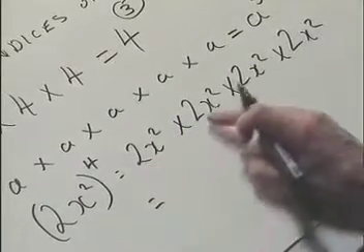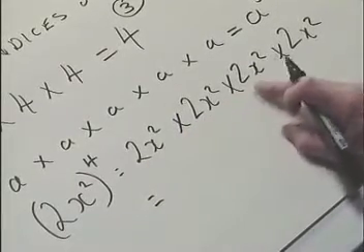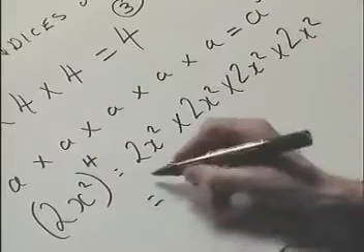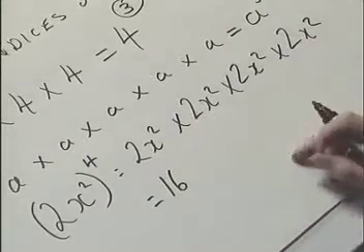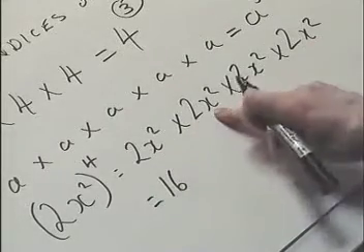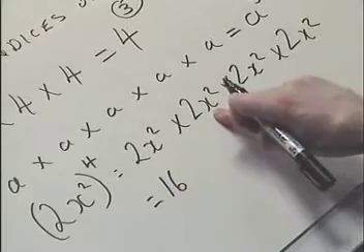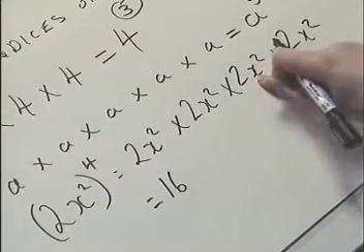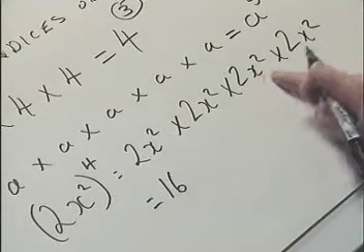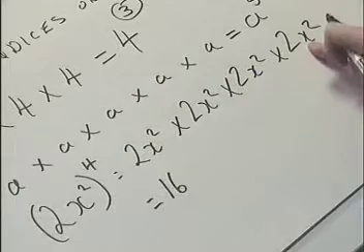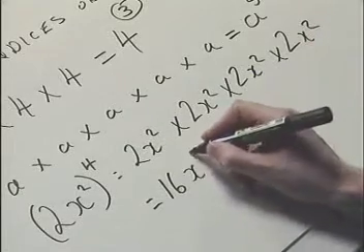So we can do the 2's together. 2 times 2 times 2 times 2. That gives us 16. And x squared times by x squared is x to the power 4. Times by another x squared is x to the power 6. Times by another x squared is x to the power 8.